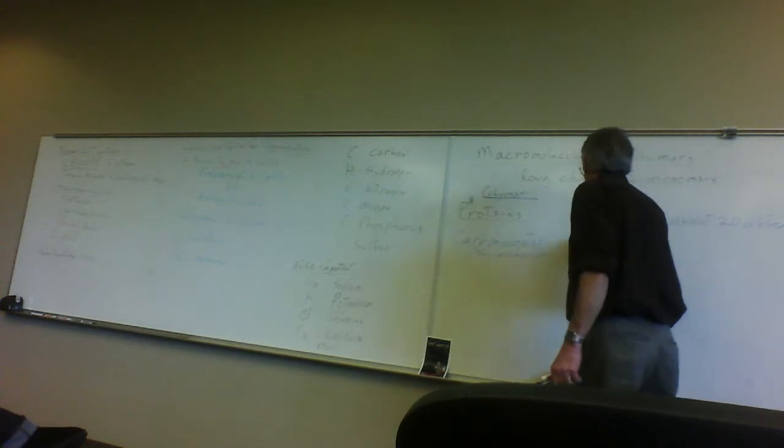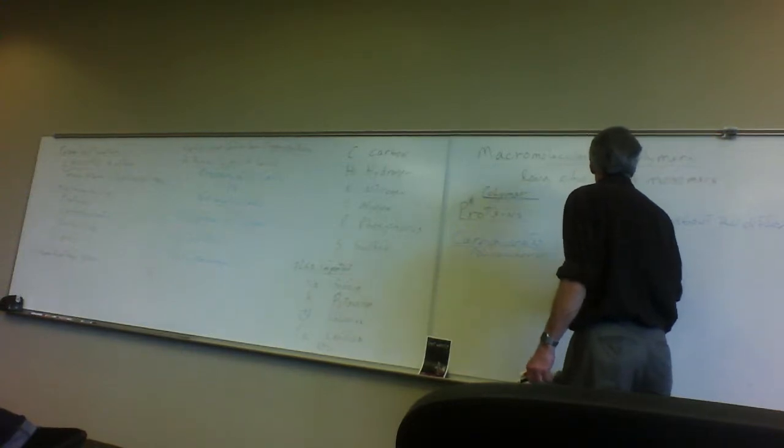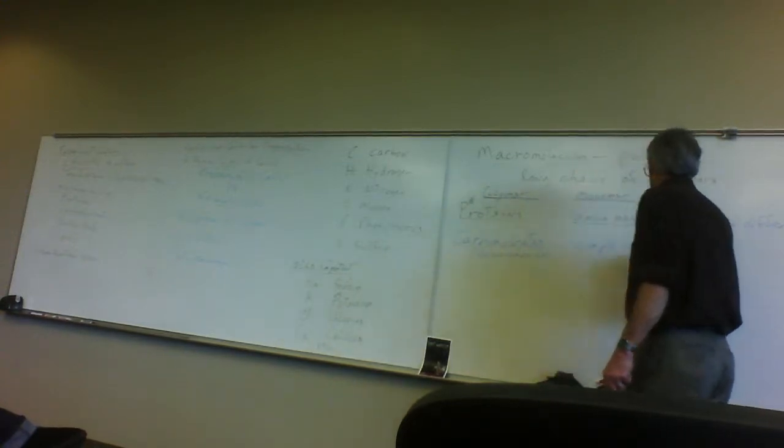The monomer units are individual sugars, simple sugars. Glucose is one of the simple sugars, and if you put those together in the right way, you can make what we call starch if you're a plant, or glycogen if you're an animal. But we'll talk about that.